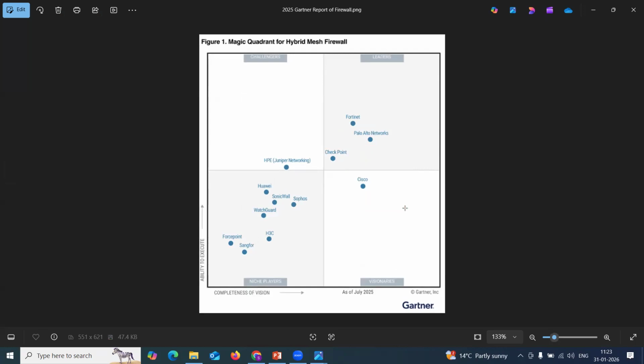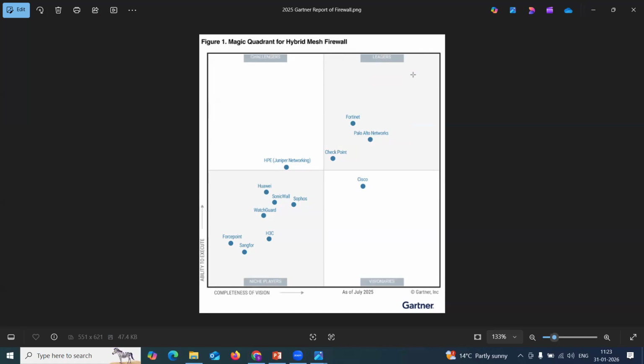Now, guys, I'll tell you one thing. Checkpoint Firewall has maintained its position in the leaders category since the beginning. That's a good point of Checkpoint. But Palo Alto Firewall has now stood at a second position, but still it's under the leaders category.